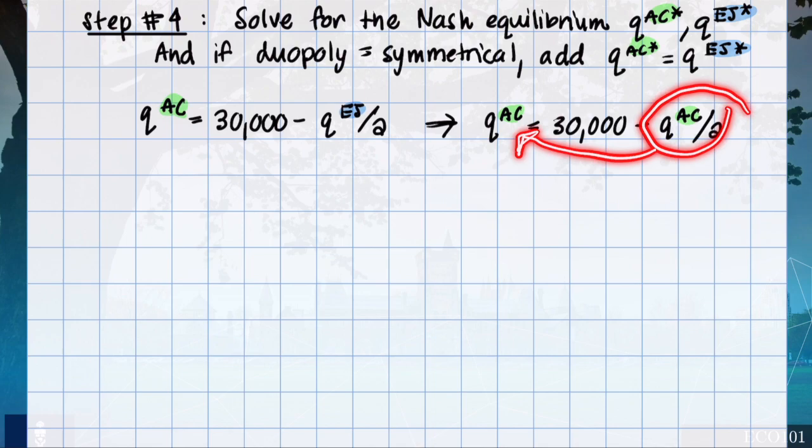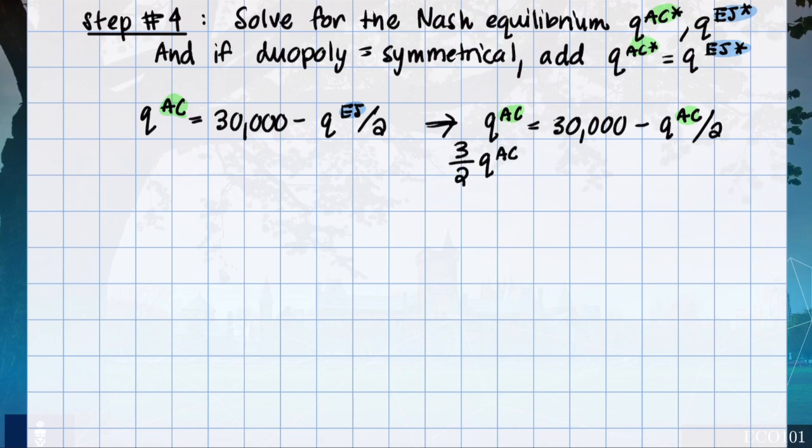And the algebra right now should be very easy to do. I can just set quantities on the left-hand side. So 3/2 times the quantity that Aero Canada sells is equal to 30,000. And I'm practically done. I can multiply both sides by 2/3. So I get that the quantity that Aero Canada sells is equal to 20,000 tickets at the Nash equilibrium.